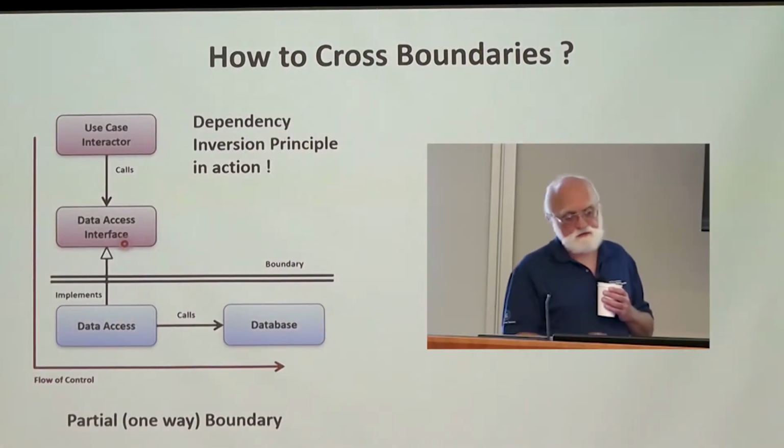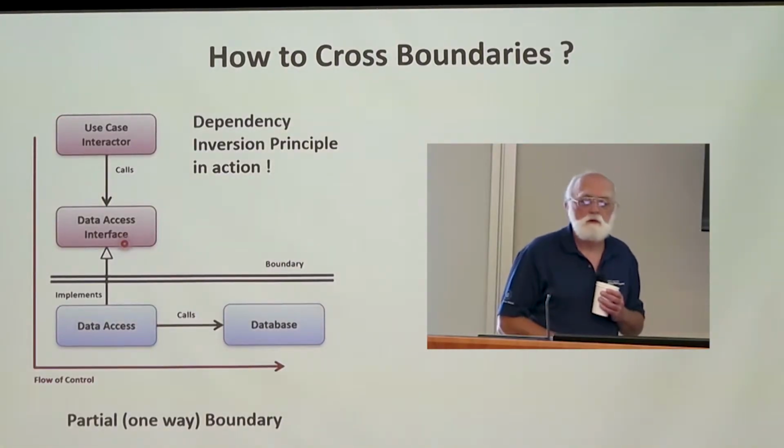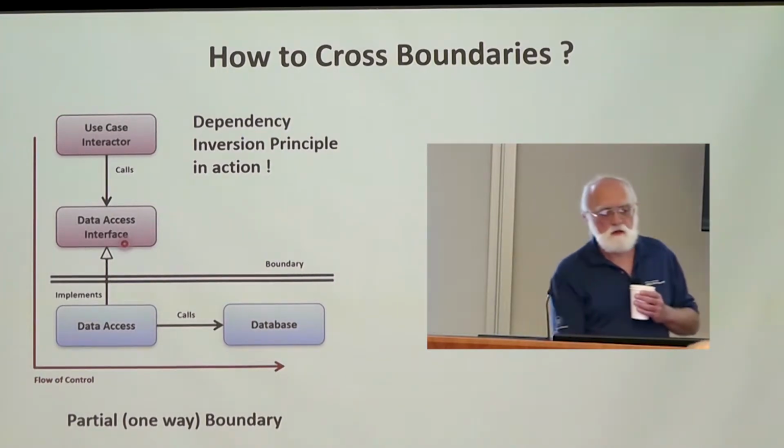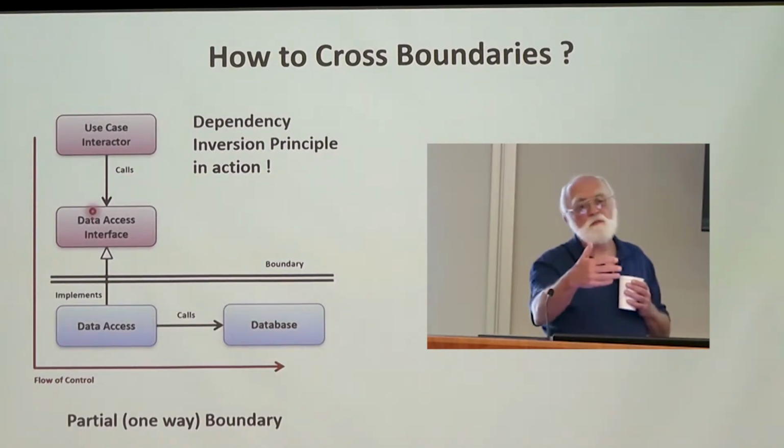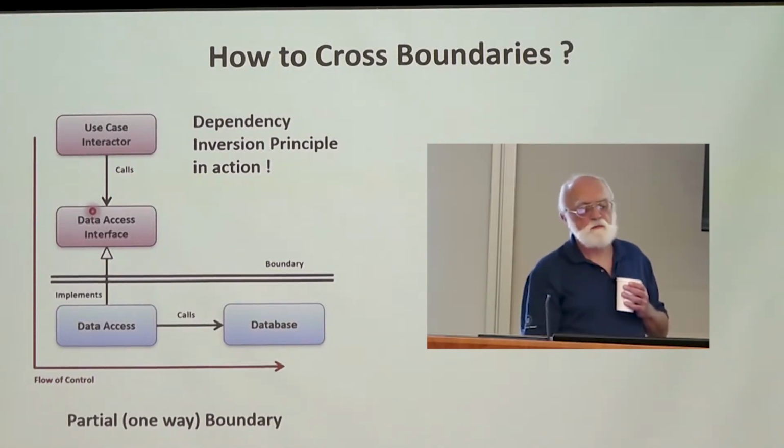And I'll talk about this right now. So how do we cross the boundary? You have a use case interactor that implements a use case, and it needs access to the database. So what you do, you use the dependency inversion principle in your use case implementation. The interactor defines the dependency interface that has all the methods it needs on the database.